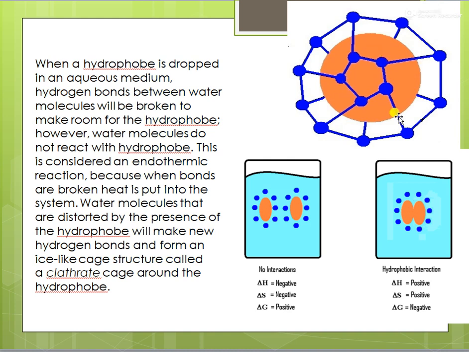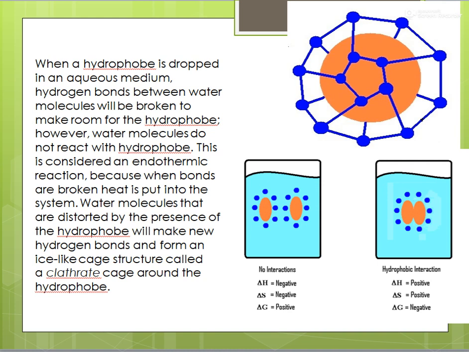So around the hydrophobe, there are hydrogen bonds between the water molecules, and that is the cage which has been depicted. And when two hydrophobes happen to interact with each other, the hydrogen bonds between them will be broken, and then they will form hydrophobic interactions. I hope that's clear to you.